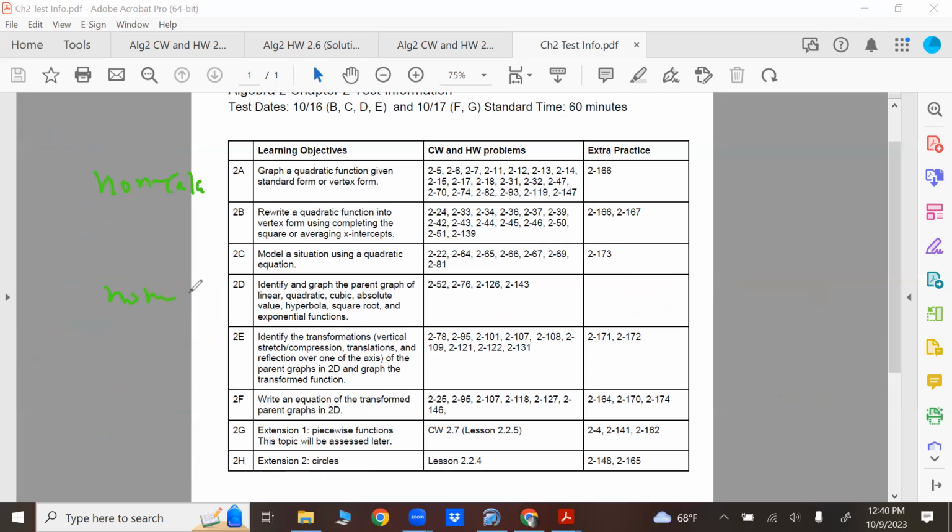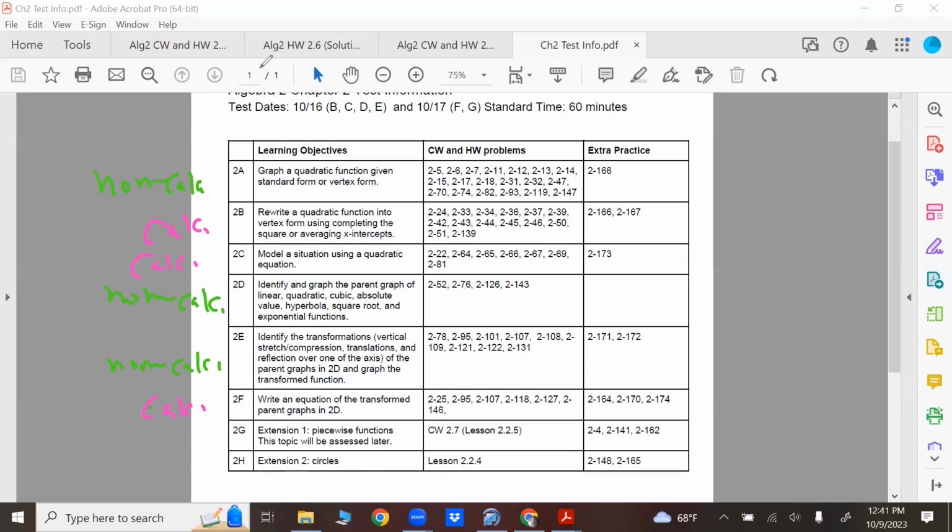This would probably be non-calc also because it probably involves some sort of matching. This is probably non-calc too. Whereas these other ones would be calculator. So that's what we're looking at. So that's the format of the test.